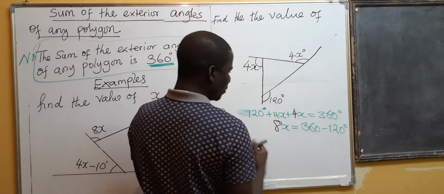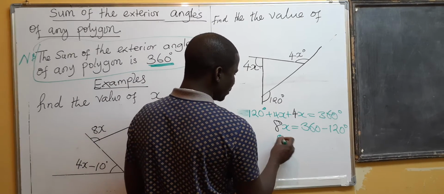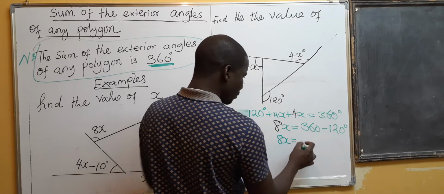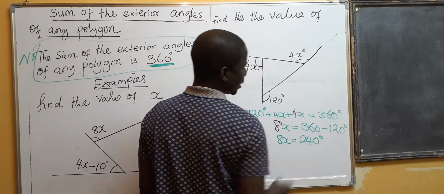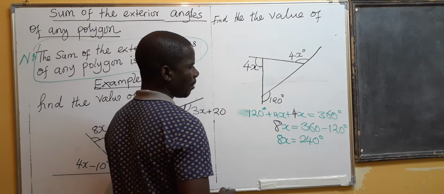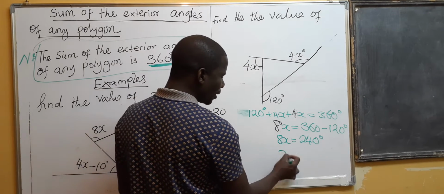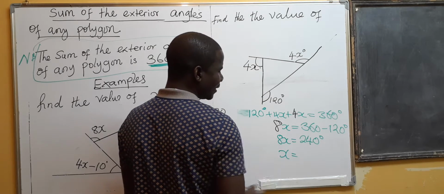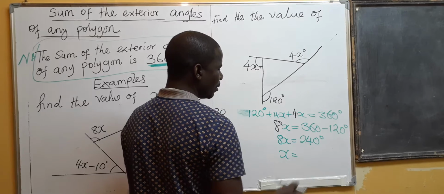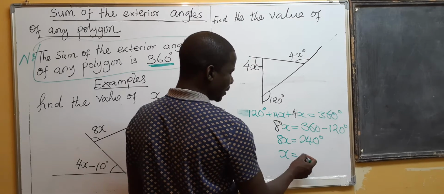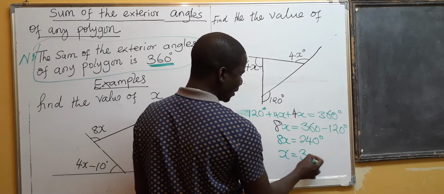So now, when we work this out, what are we going to get? We get 8x is equal to 240. When we divide both sides by 8, 8 into 24, what do we get? We have 30.